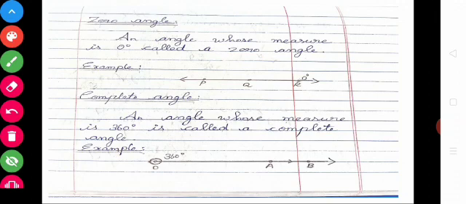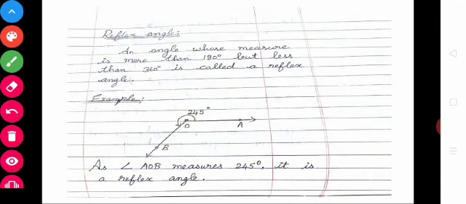Next one, complete angle. An angle whose measure is 360 degree is called a complete angle. This angle measures 360 degree. It is a complete angle. And the next one, reflex angle. An angle whose measure is more than 180 degree but less than 360 degree. Look here. This is 90 degree.